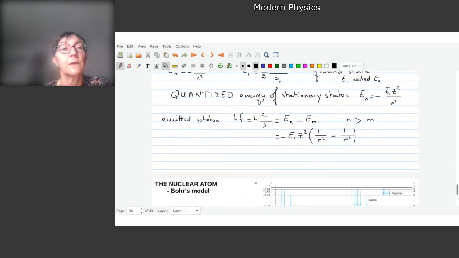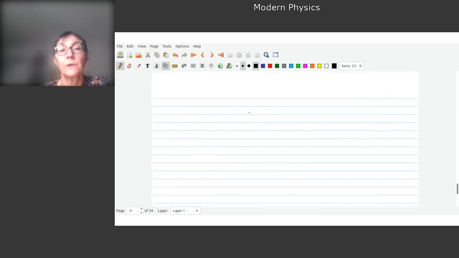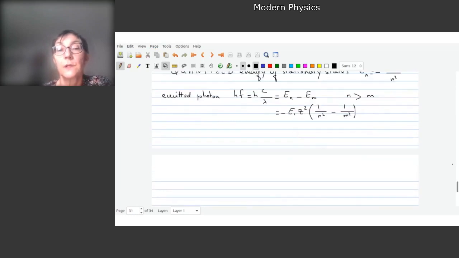We have already seen this kind of equation. This is the Rydberg-Ritz equation.